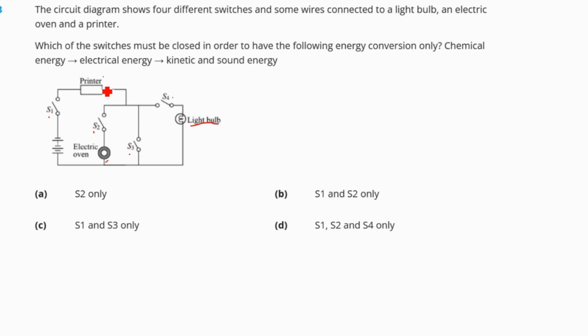So the printer will have kinetic energy and it will produce the sound, right? So in this case, we don't need the S2 switch. For the printer to operate, we need a closed circuit, that is, switch 1 should be closed and switch 3 should be closed so that we can have a complete circuit and the printer is in a working mode. Correct? So our answer should be option number C.